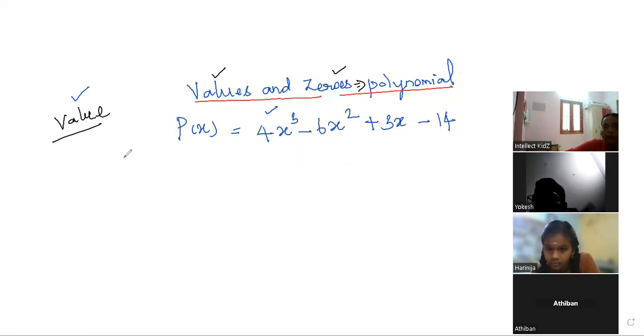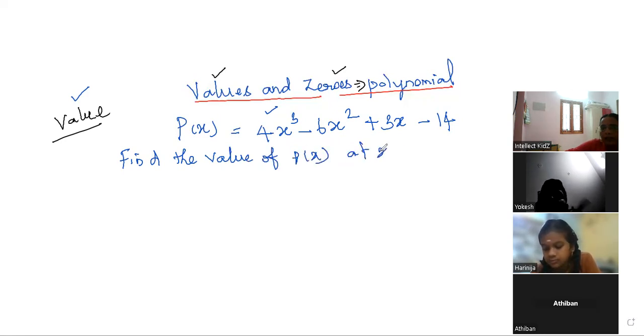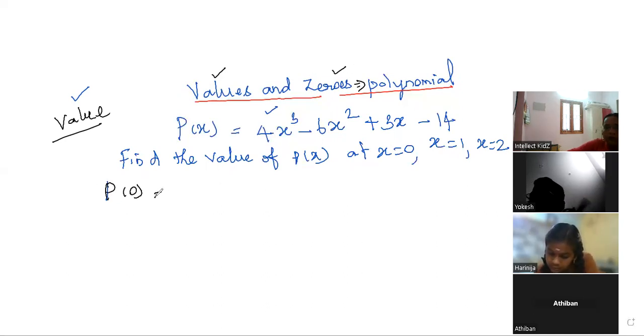So now find the value of p of x at x is equal to 0, x is equal to 1, x is equal to 2. So now you have to find p of 0, and then you have to find p of 1, and then you have to find p of 2.